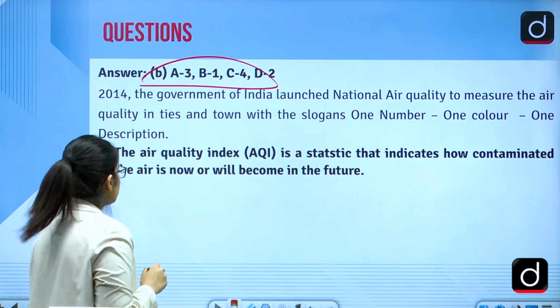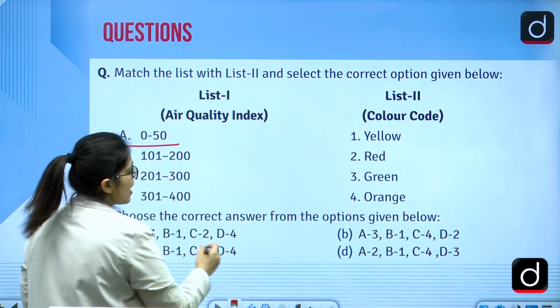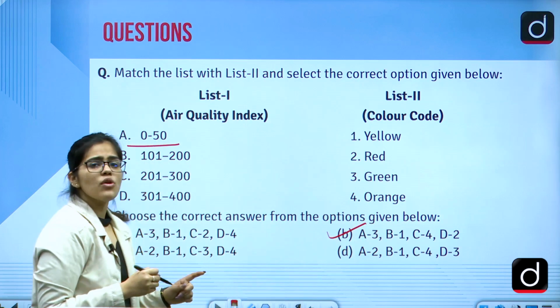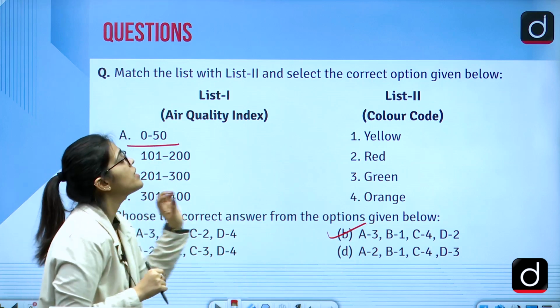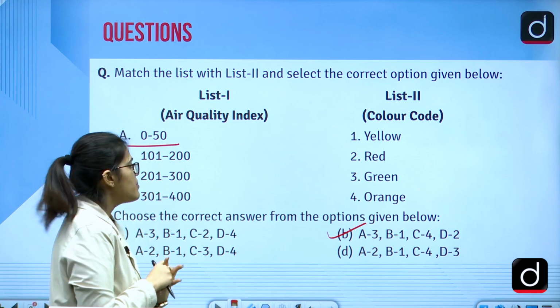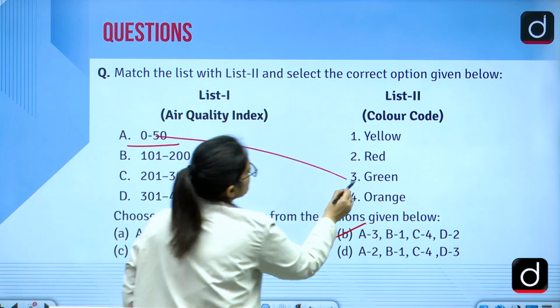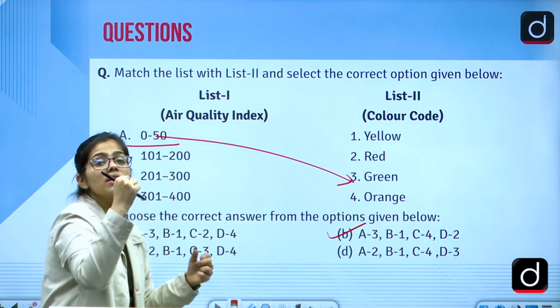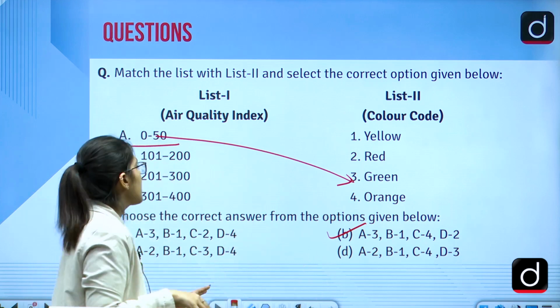Now let us match it first. The right answer is B, and this is also doable even if you don't know the colors. How? I'll tell you. 0 to 50, we know this is favorably good, so we should associate it with the green color. We know that go green is a symbol that everything is going hale and hearty.